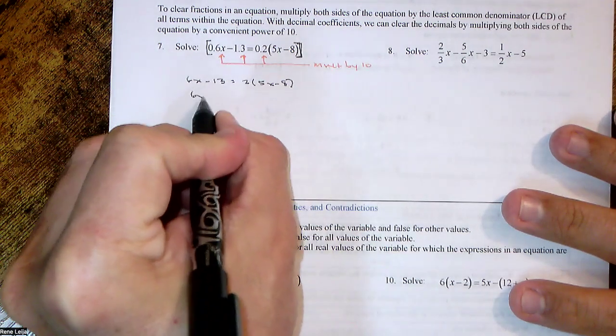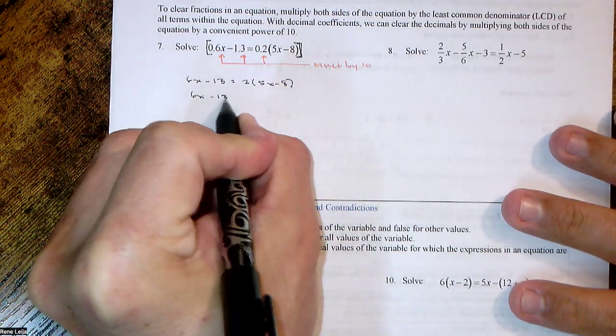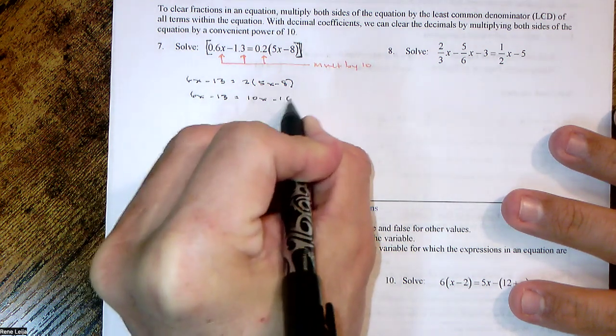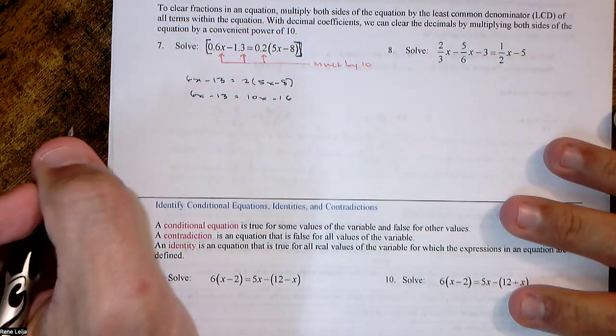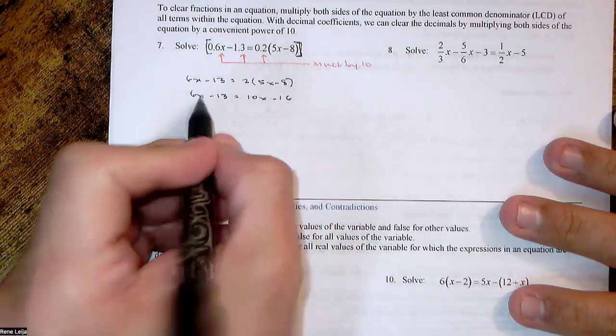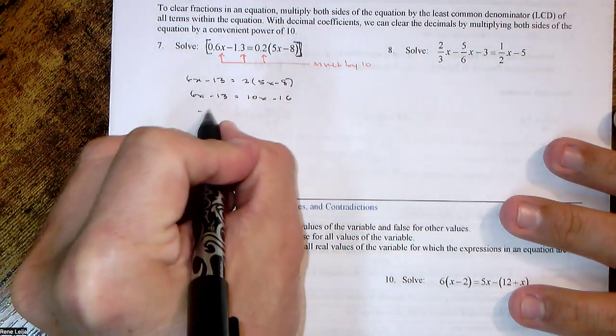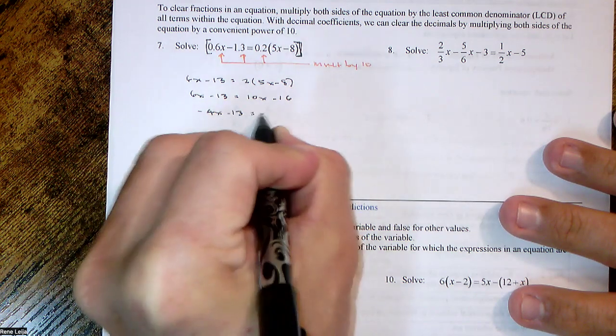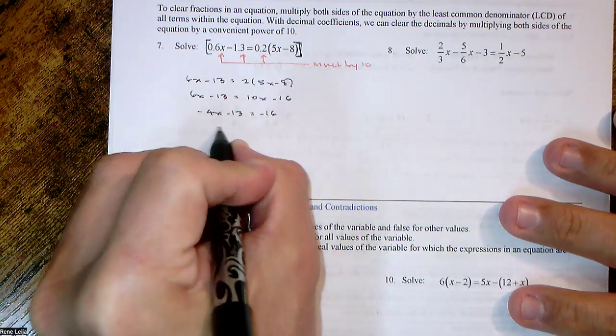So we need to clean up each side. I'm going to clean up the right side, so that's 10x minus 16. Then I'm going to subtract 10x from both sides. So that's minus 4x minus 13 equals minus 16.